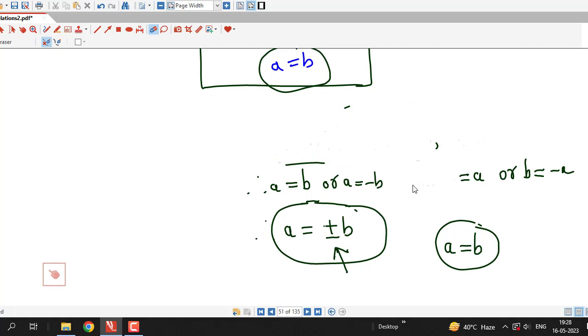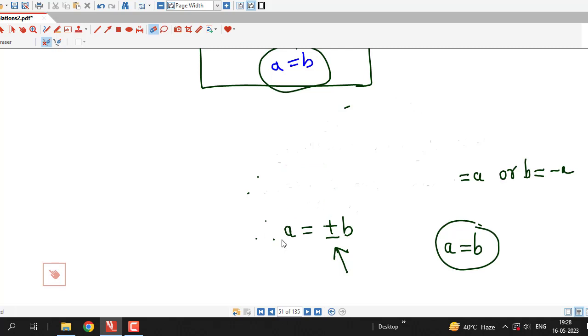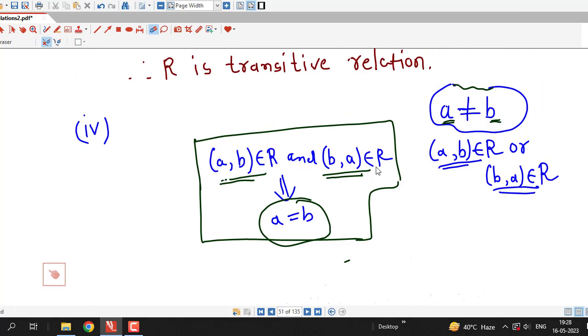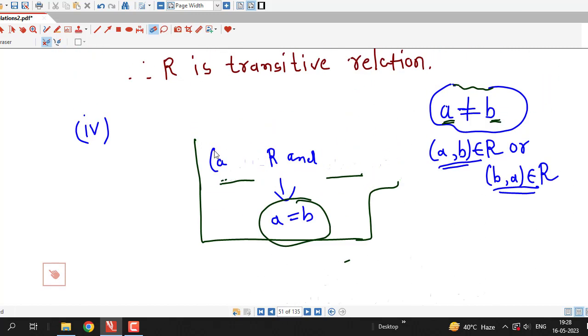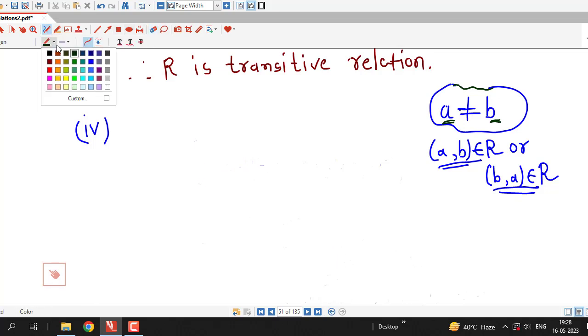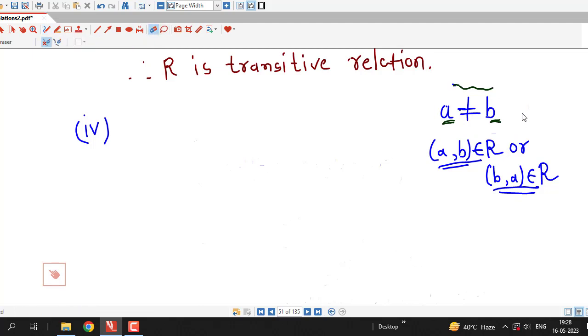So for that we have to find two different integers such that for those two integers we have that property satisfied, that is AB belongs to R and BA belongs to R. If we can find two different values of A and B such that A and B are different and AB belongs to R and BA belongs to R, then we can say that our relation is not antisymmetric.